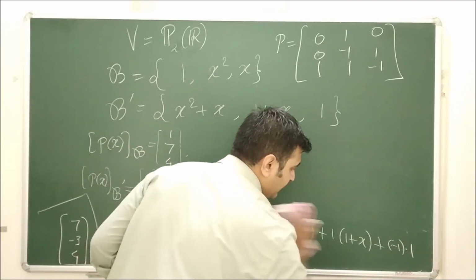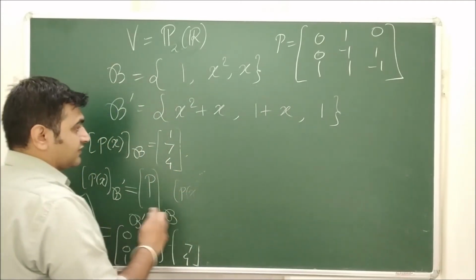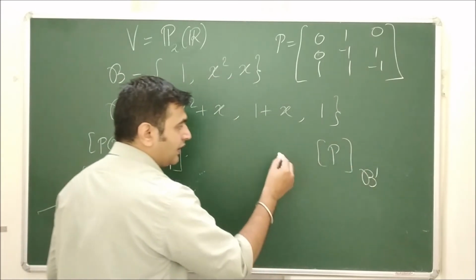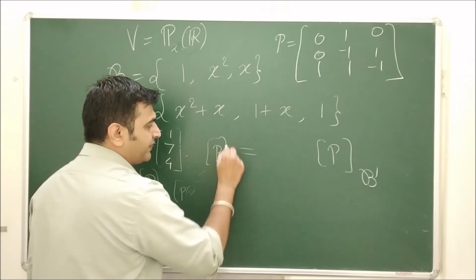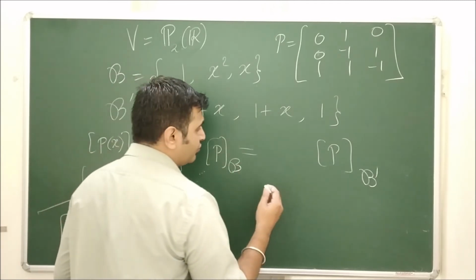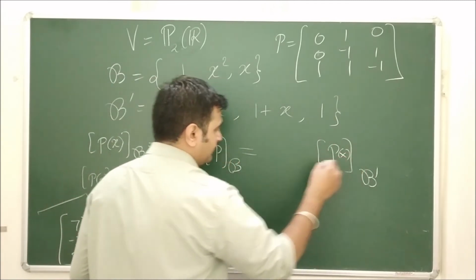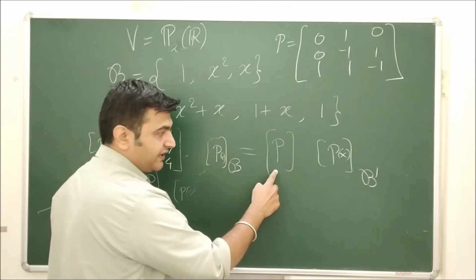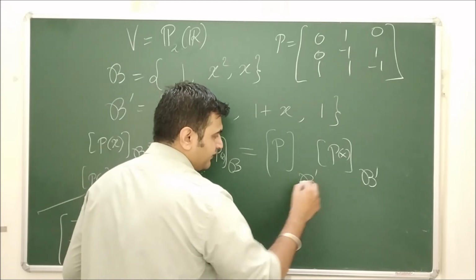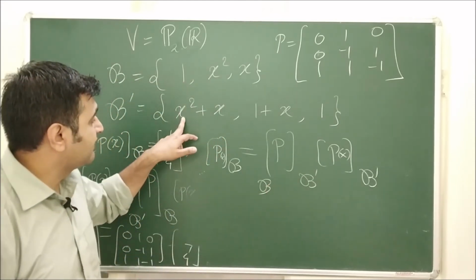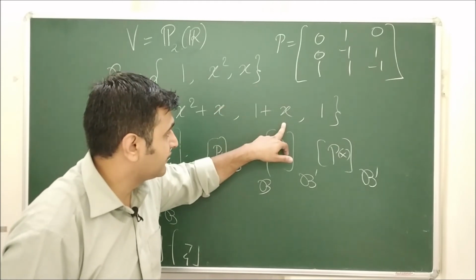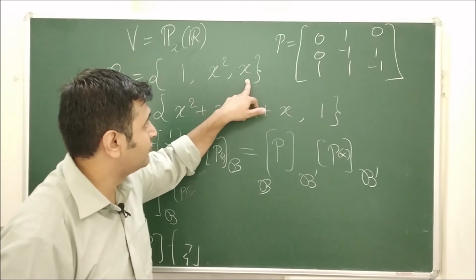And the second point is, suppose you know this with respect to B prime and you want to find it with respect to B. So what you do, you find the change of basis matrix P from B prime to B. That means you take x square plus x, write it as a linear combination of these three vectors. Then take 1 plus x, write it as a linear combination of these.